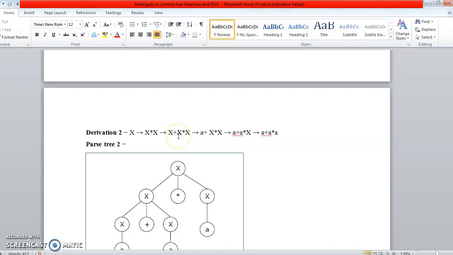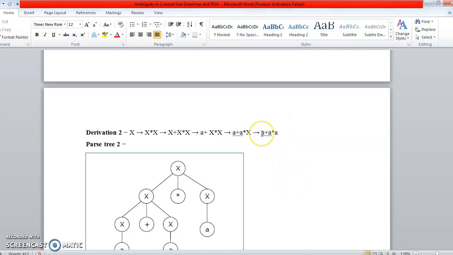And here also I have chosen the left derivation method. So here now at first I expand this X as X plus X, and star X, and choose the leftmost X, put the value a. Again I choose the second left element X and put a also, and lastly I put the value of X with a.